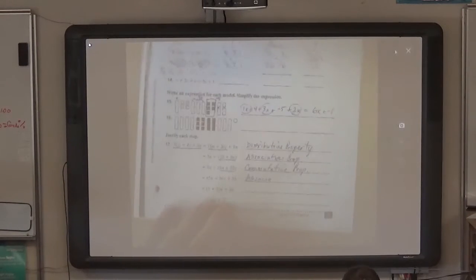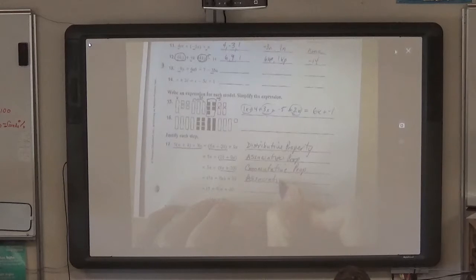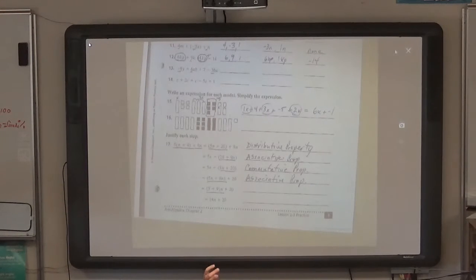Oh, sorry. Here we go. Now, if 5n's plus 9n's equal 5 plus 9 times n, what's been taken out? This is called factoring, which we'll get to later.